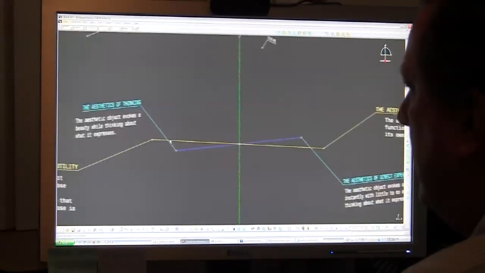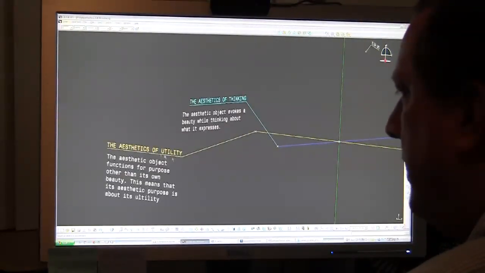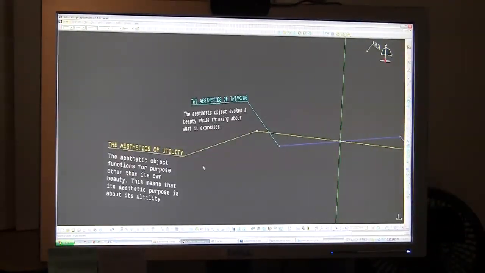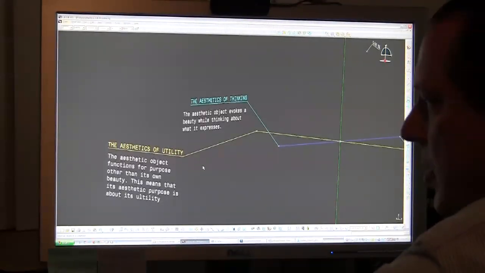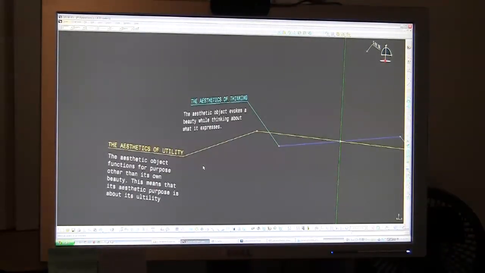And at the other end of the yellow line, that spectrum, is the aesthetics of utility. That is, the aesthetic object functions for a purpose other than its own beauty. This means that its aesthetic purpose is about utility. So the beauty in it is really about the utility. A great example of that is a screwdriver.